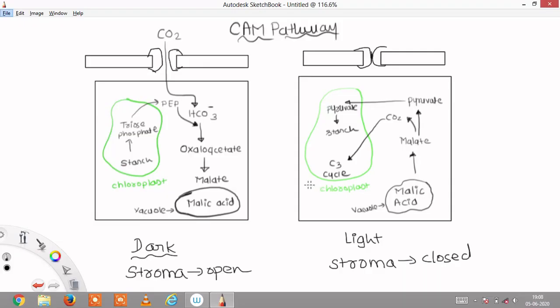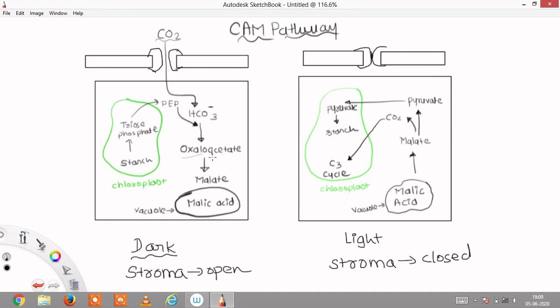So this is how the CAM pathway looks. During dark, in the night, the stomata are open, and during the light the stomata are closed. So during dark the carbon dioxide is able to enter the plant cell, and this carbon dioxide gets converted into HCO3, and PEP combines with it, and this gives oxaloacetate.